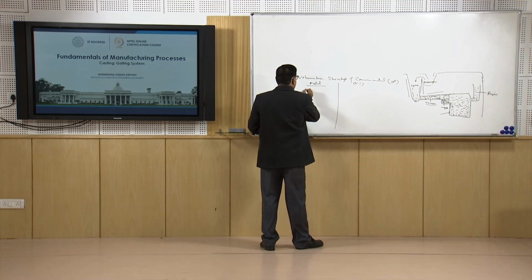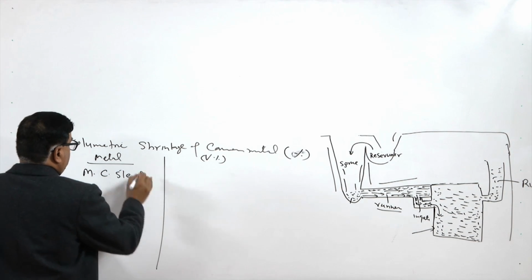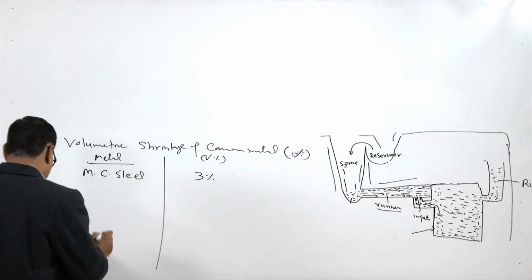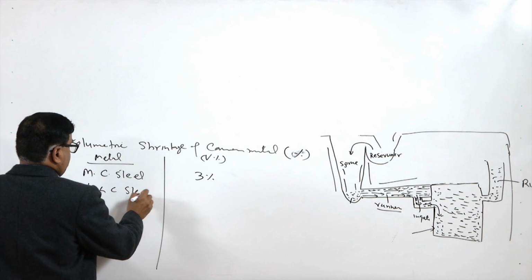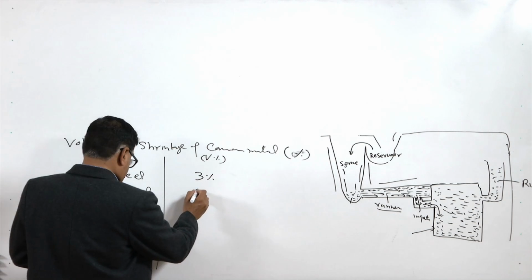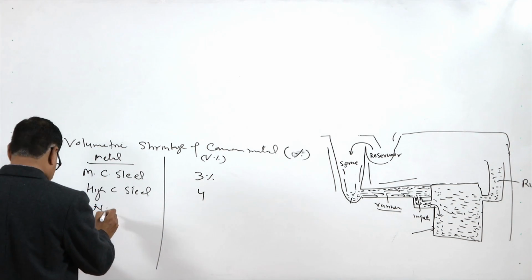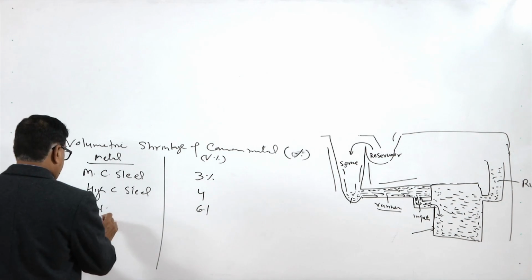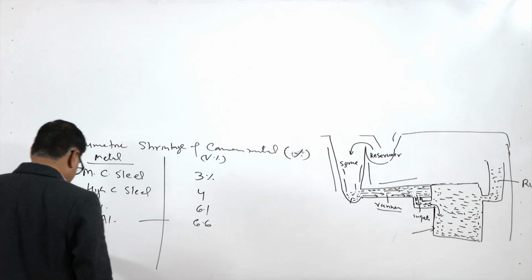Say for medium carbon steel, the shrinkage is 3%, for high carbon steel the shrinkage is 4%, for nickel it is 6.1%, for aluminum 6.6%, it is much higher.